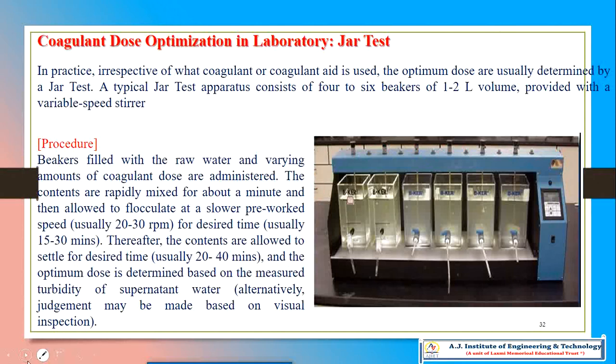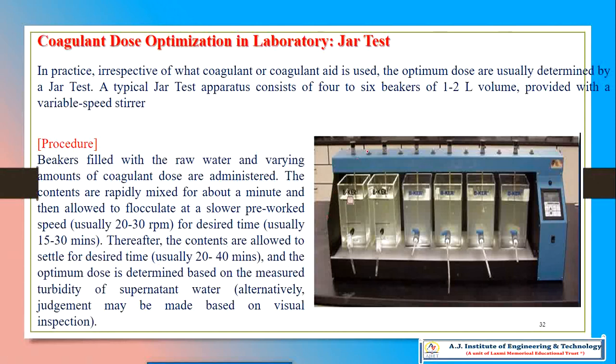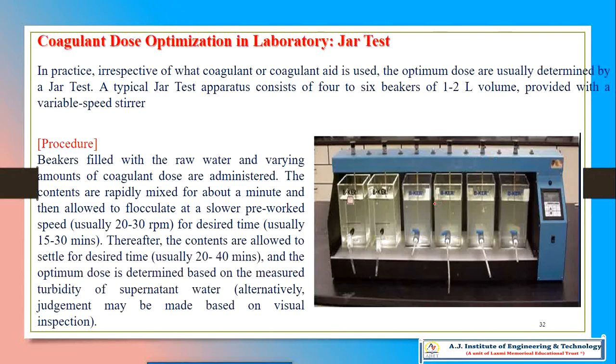In this figure, I'll just mention every part. This consists of 1, 2, 3, 4, 5, 6. There will be a 4 to 6 beaker set. This is a 4 beaker set, you can see here, 1, 2, 3, 4. There will be 4 to 6 beakers.